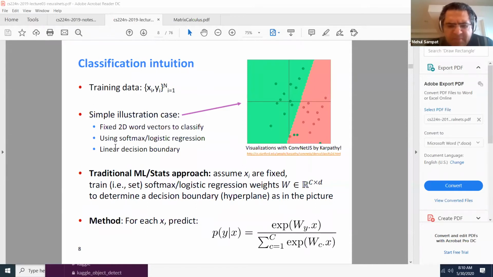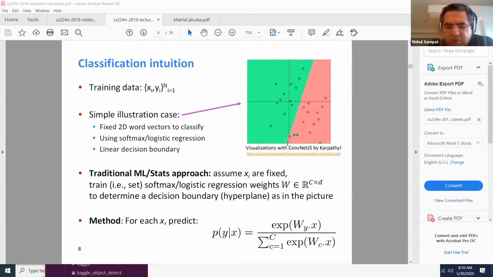Okay, I think this figure is key: this is the intuition for what we are doing in classification. You have training data, you have the inputs, and you have label data, here green and red. In the simplest case, you have this 2-dimensional feature space, and you're trying to draw these boundaries.